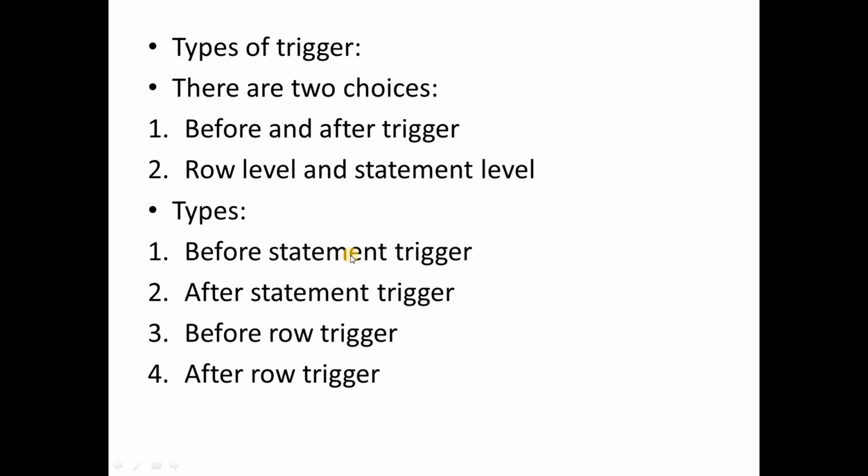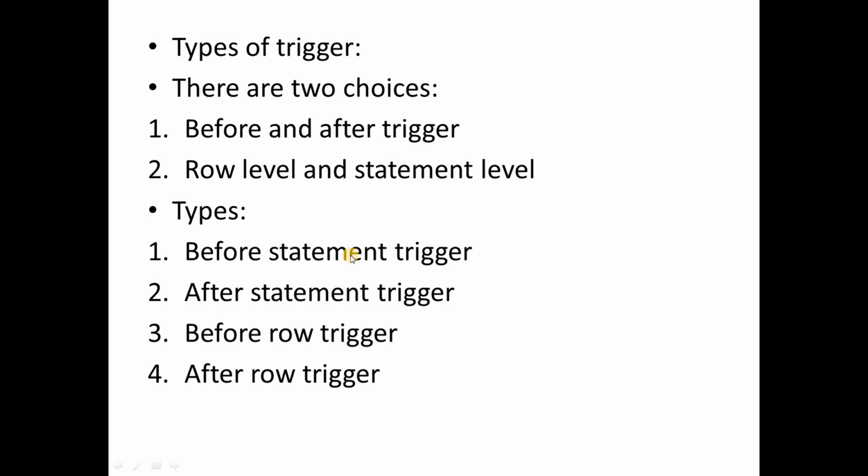First of all, the SQL statement on which the trigger is defined is executed, and then your trigger will be called. That is known as after statement trigger. In before statement trigger, the trigger is executed only once first, and then the SQL query will be run.